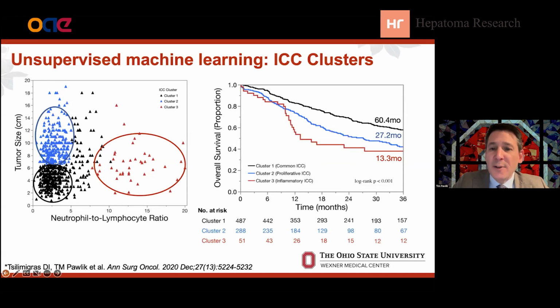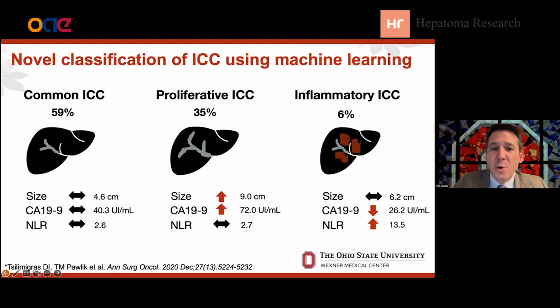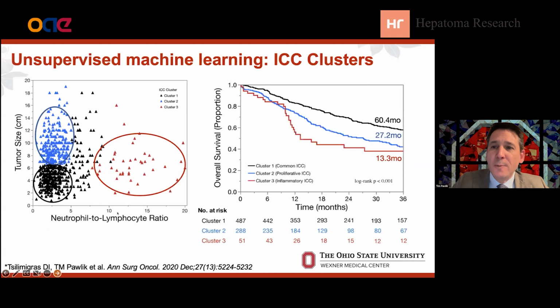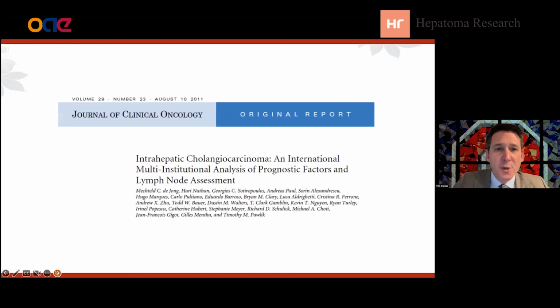These patients were clustered into common intrahepatic cholangiocarcinoma, proliferative type of intrahepatic cholangiocarcinoma, and inflammatory type of intrahepatic cholangiocarcinoma based on size, CA19-9, and lymphocyte to neutrophil ratio. And again, what you can see is that those patients with an inflammatory type of intrahepatic cholangiocarcinoma did significantly worse, again suggesting that perhaps this subset of patients should be treated with preoperative chemotherapy rather than upfront surgery.